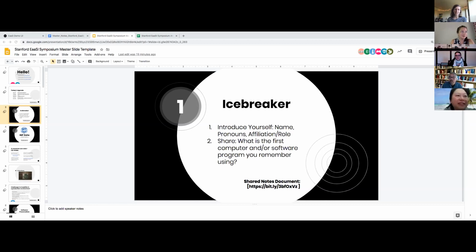Hi, my name is Annie Schweikert, pronouns she, her. I'm a digital archivist at Stanford, and the first software I remember using is Oregon Trail, and the first computer I used was the translucent iMac that came in a bunch of colors. I don't remember what type that is, but I remember what it looked like. How about Ethan? G3, says Ethan.